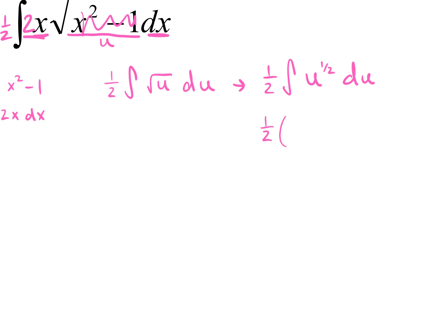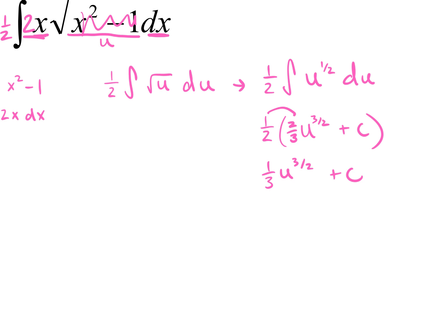I'm going to add 1 to the exponent, so this is going to be u to the 3/2 power times 2 over 3. What am I missing? Plus c, perfect. Then we're going to distribute the 1/2. So 1/2 times 2/3 would be 1/3 u to the 3/2 power plus c. Again, we wouldn't call it 1/2 c, we just leave it as c because c is just any constant.